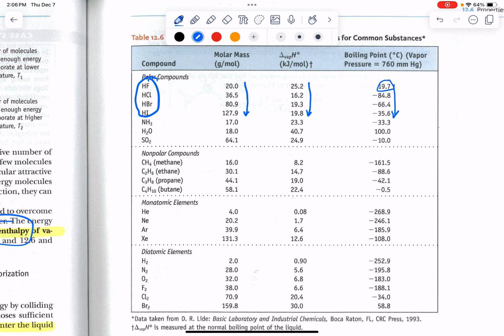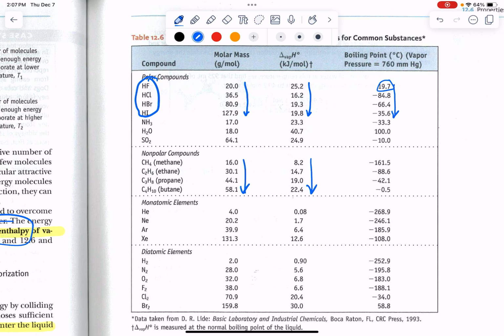We can also try to look at molar masses. Look how my molar masses are getting big here. Notice that my molar enthalpy of vaporization increases.